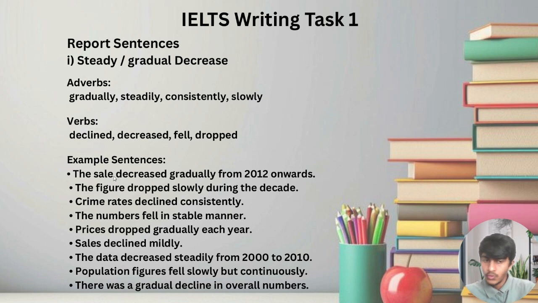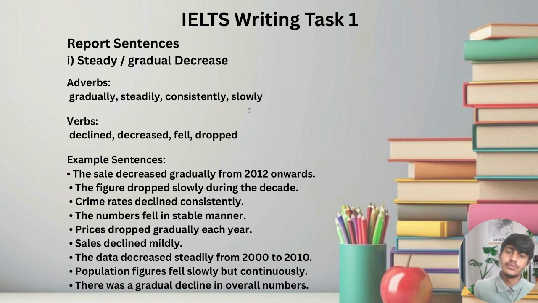Number 2 is: The figure dropped slowly during the decade. This sentence is used when the decline happens over a long time period. Slowly indicates gentle movement, and during the decade avoids mentioning exact years. Number 3: Crime rates declined consistently.